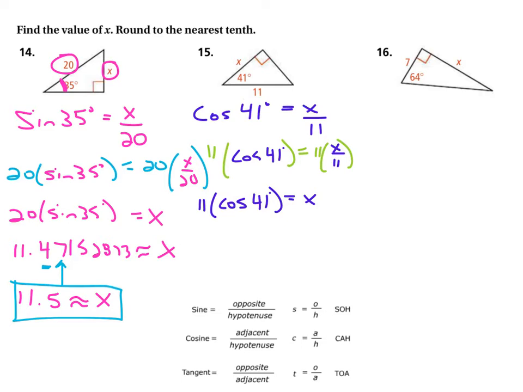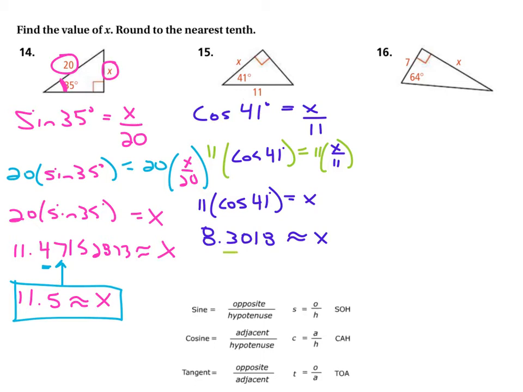If you don't close the parentheses, then you're finding the cosine of whatever number you get when you do 41 times 11. It'll do that first, then find the cosine of that number, and that's not what you want. So if you do that, you get 8.301805, whatever, it doesn't matter, is approximately equal to x.